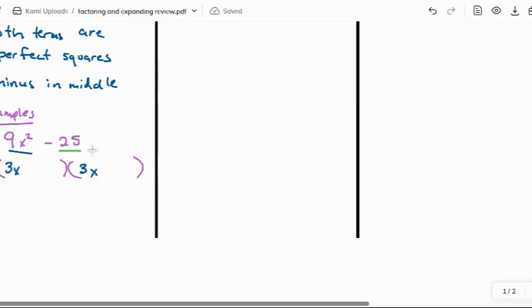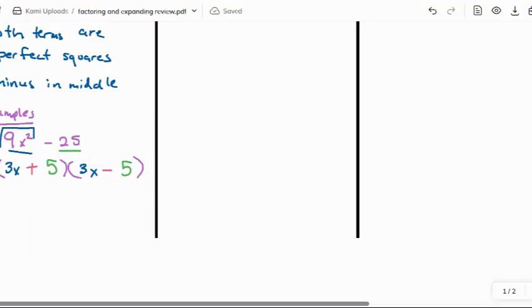Take the square root of the second term. So square root of 25 is just 5. And then one of the brackets gets a plus and one of the brackets gets a minus. That's where we get that sum and difference connection. Right? So this method of factoring is called the difference of squares.